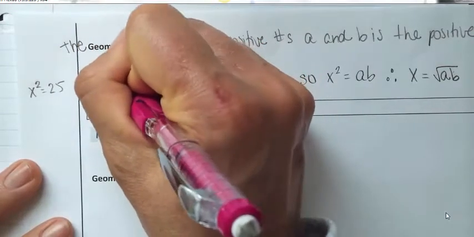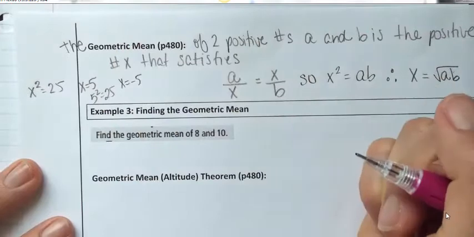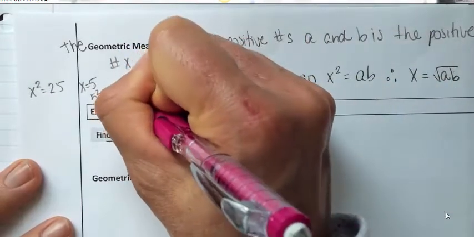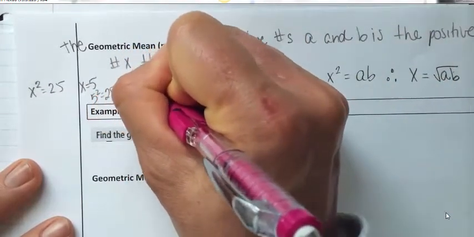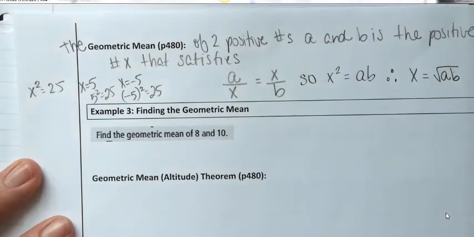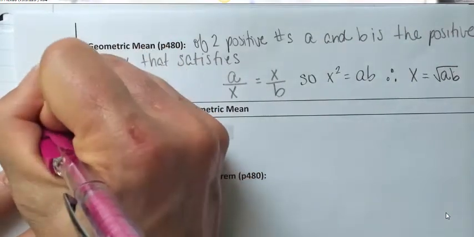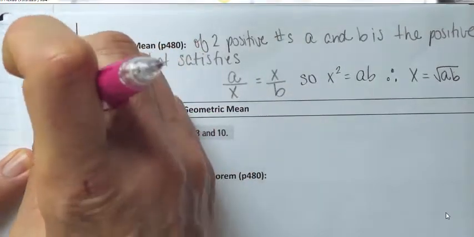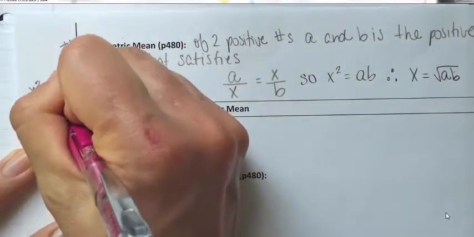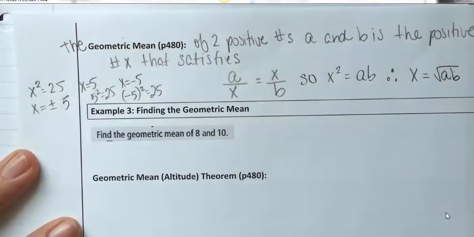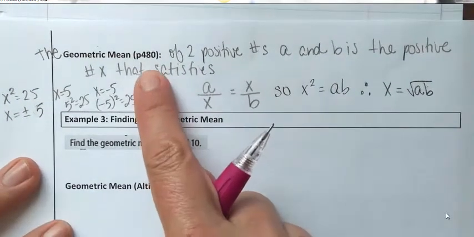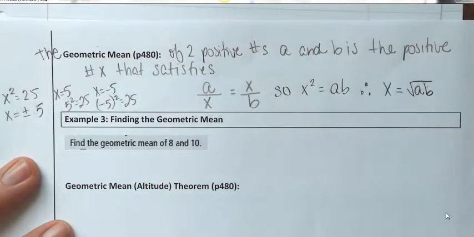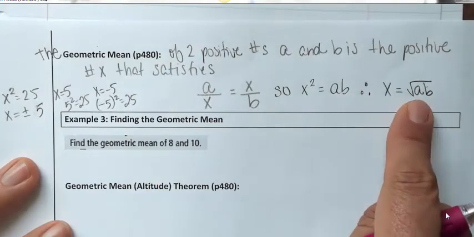So the other number here would be -5. Right? Because if I take -5, the whole number, and I square it, don't I also get 25? So really, when we solve something like this, it should look like x equals positive or negative square root of 25, or just 5. I'll just put 5 because I'm running out of room. However, according to the geometric mean, we're only going to take the positive numbers. Okay, so you're not going to get any negatives.